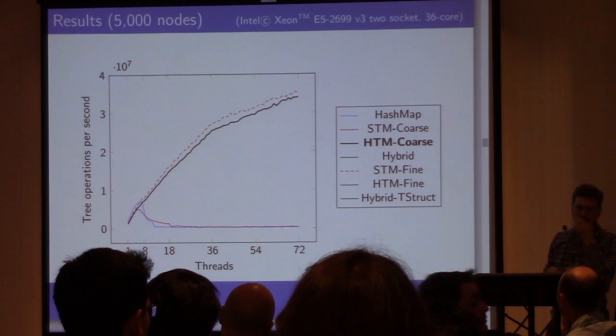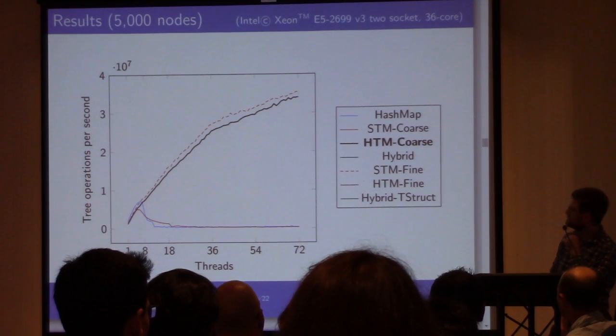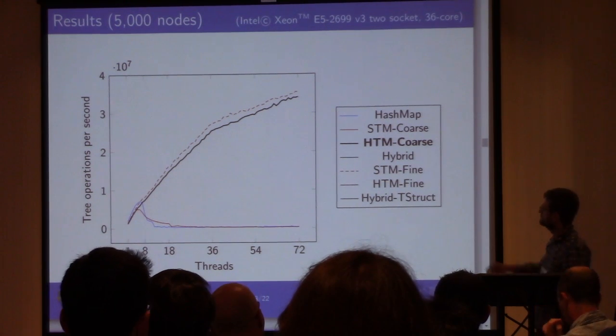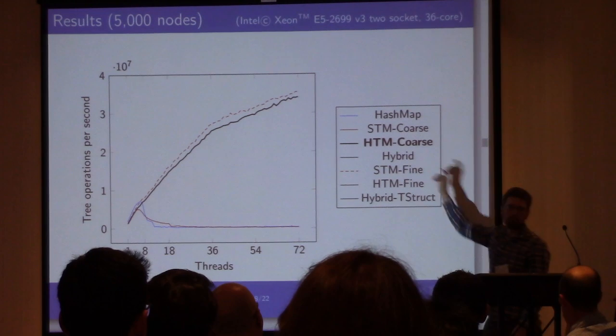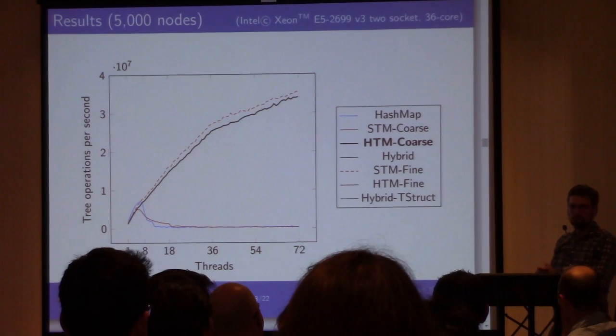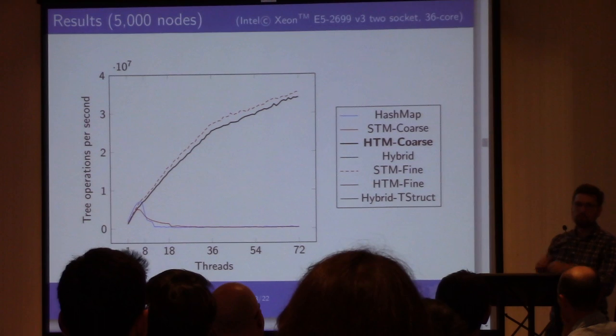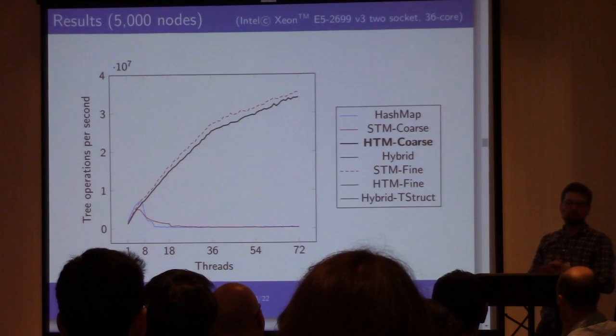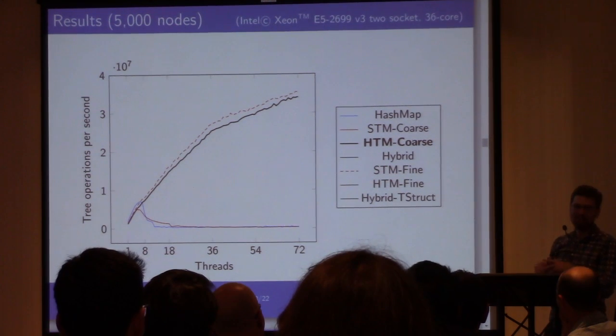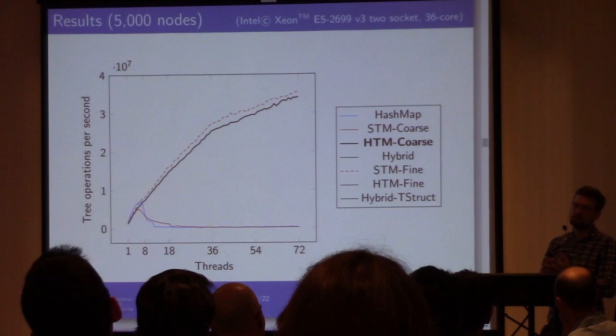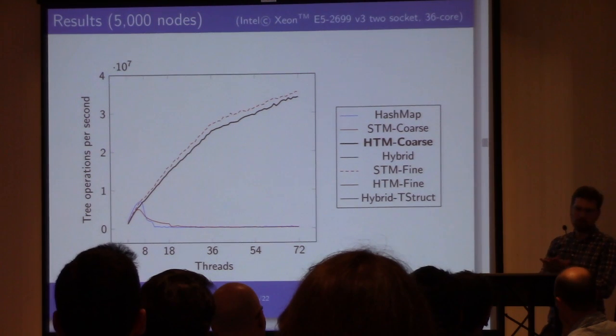Sorry, just a quick clarifying question. The STM line here is what most people are running today in Haskell? Yes, that's the default. And it actually continues to scale pretty well. Once you've removed things like the random number generator, that's bad. Is that used by STM? No, it's not used by the implementation, but it is if you're using something like a concurrent skip list.